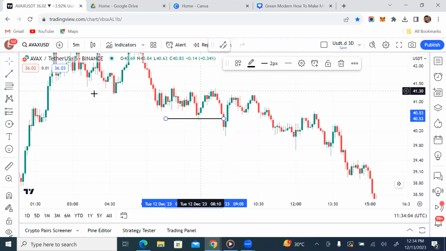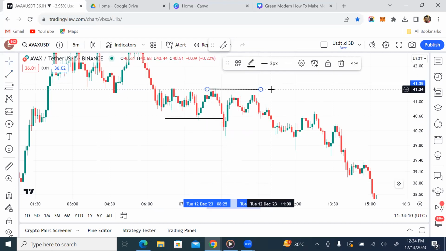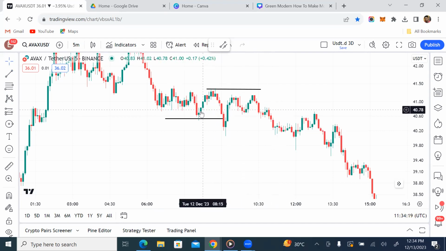Instead, what did it do? It created a low lower than the previous structure it attempted to break.